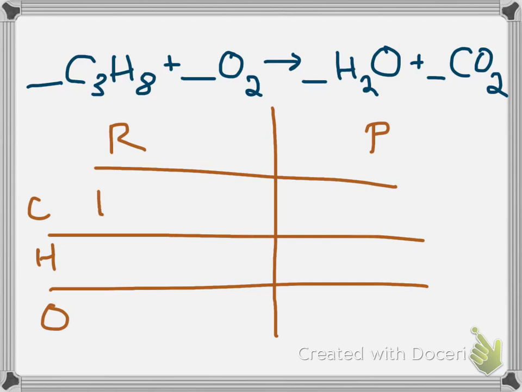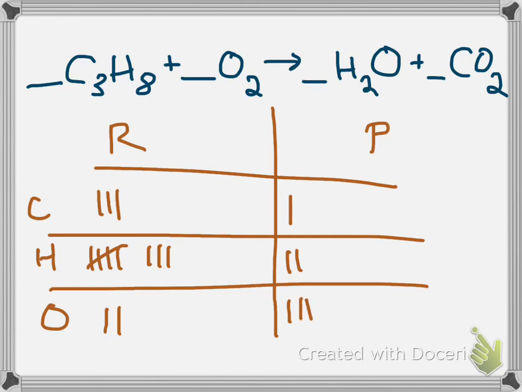So initially I have 3 carbons on my reactant side, 8 hydrogens, and 2 oxygens. On my product side, I have 2 hydrogens and 1 oxygen and 1 carbon and 2 more oxygens.